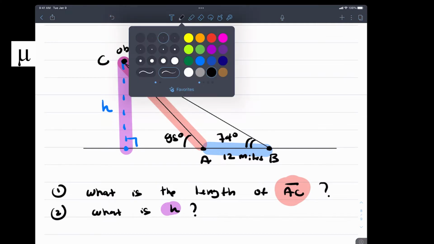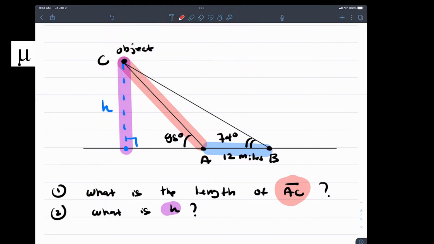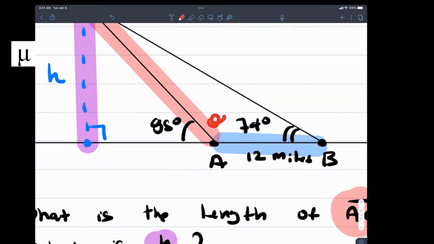Well, yeah, how about finding what? This angle here. Could you guys find that angle? What do you guys think? Focus right in there.